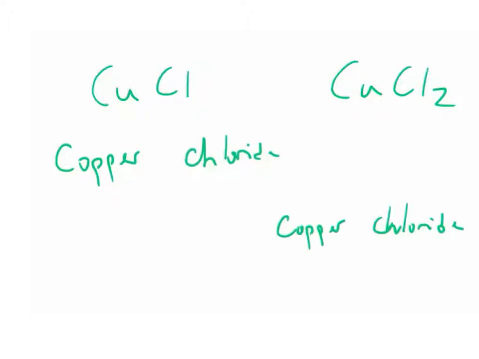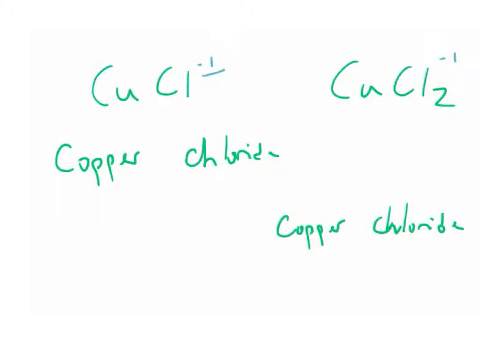Let's say you're looking at copper with chlorine and copper with chlorine. Both of these are copper chloride, but they have different charges on the copper. Now, taking a close look at the anion, each chlorine comes with a -1 charge.